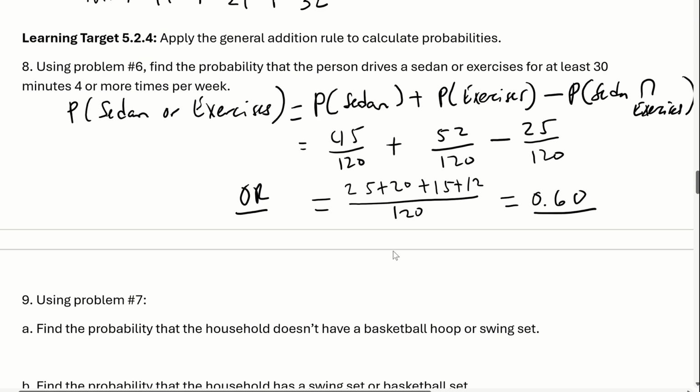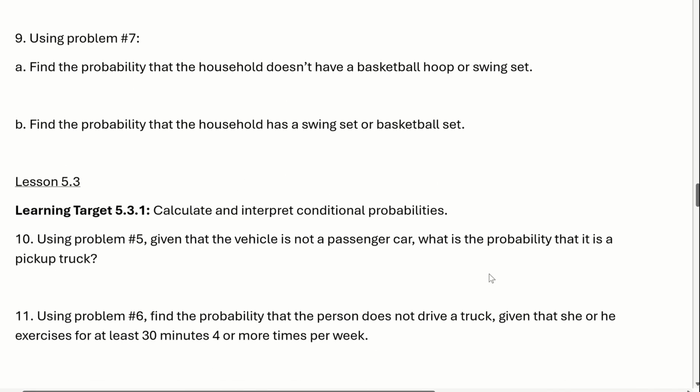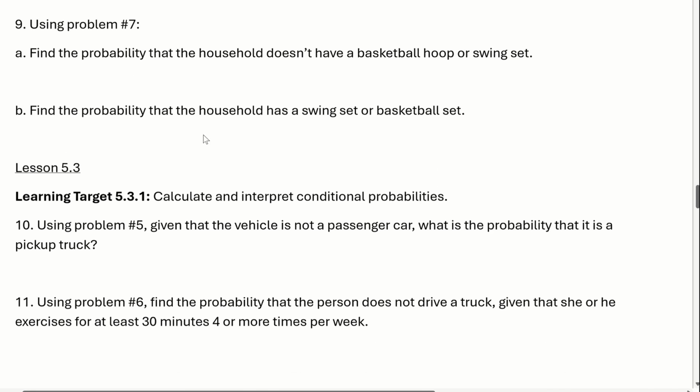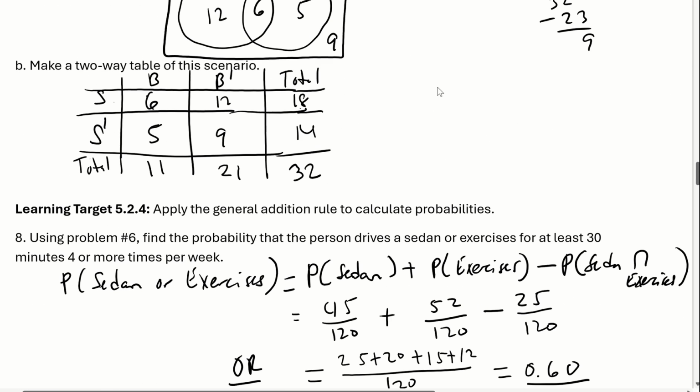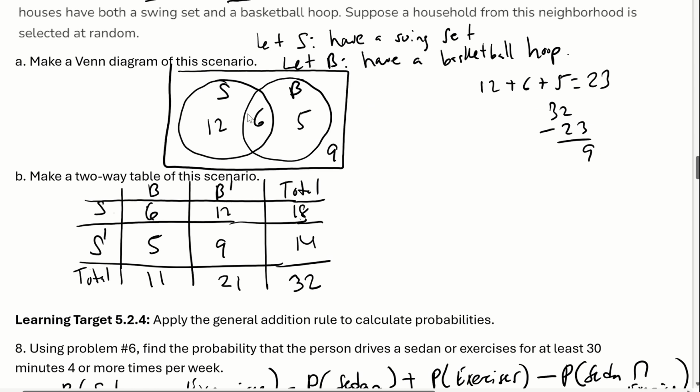All right, so that's the general addition rule, and I also showed you using the Venn diagram without using the general addition rule. All right, so number 9, using problem number 7, find the probability that the household doesn't have a basketball or swing set. Using this one right here, no basketball, no swing set.